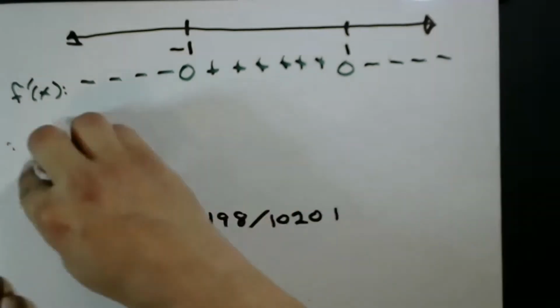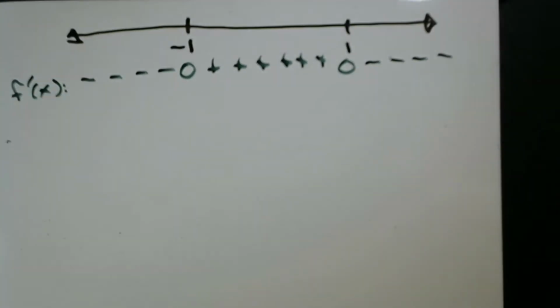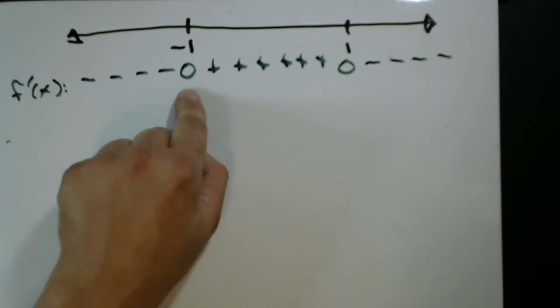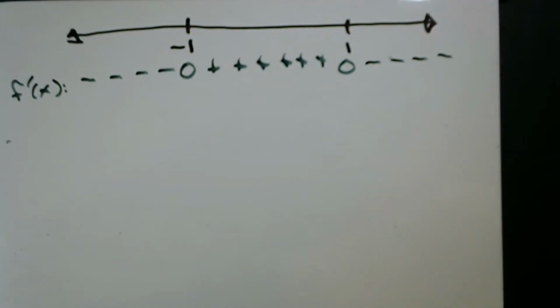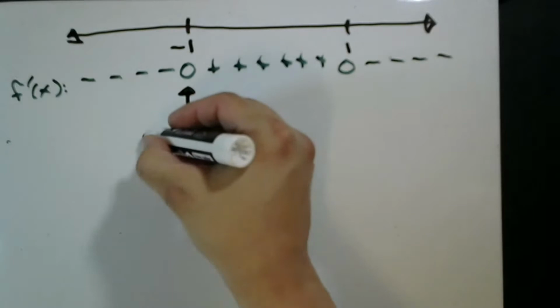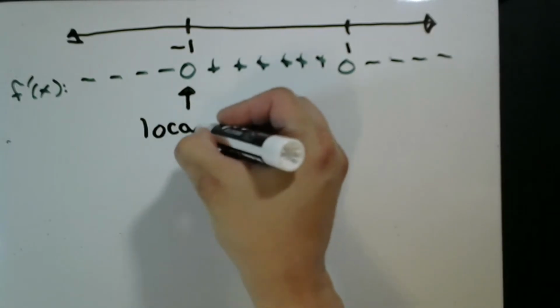So now we can use that first derivative test. The first derivative test says when you have negative slopes, 0 slope, and then positive slope, that means this critical point is a local min.